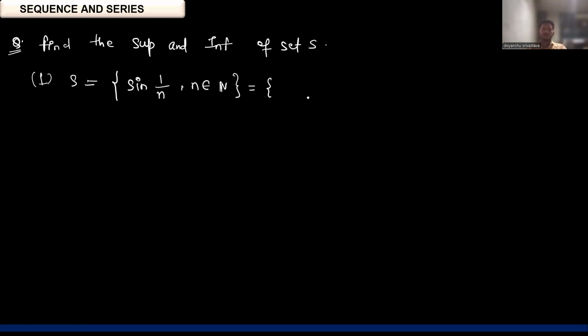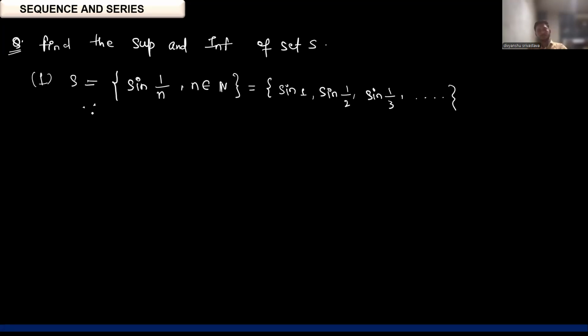When you put n equal to 1 you get sin 1, then for 2 you get sin(1/2), and lastly sin(1/3), and so on. You got the values. Okay.